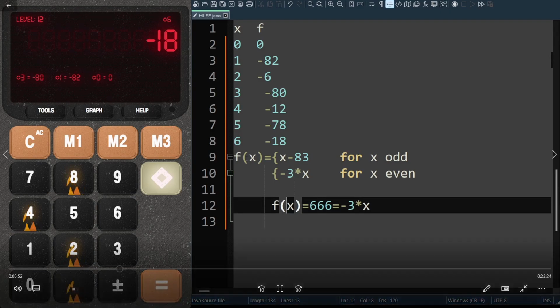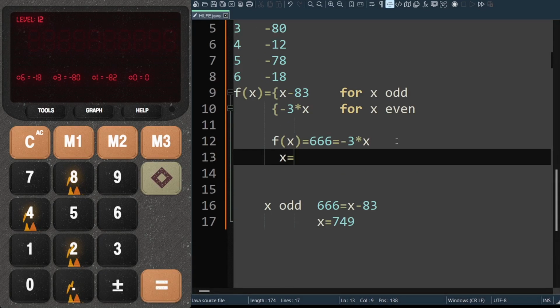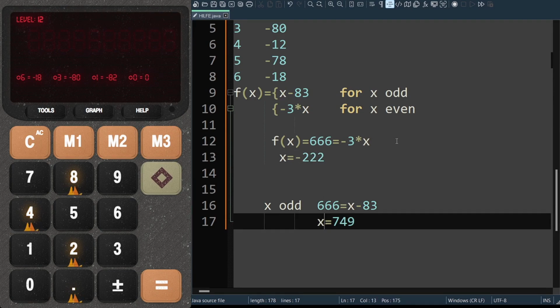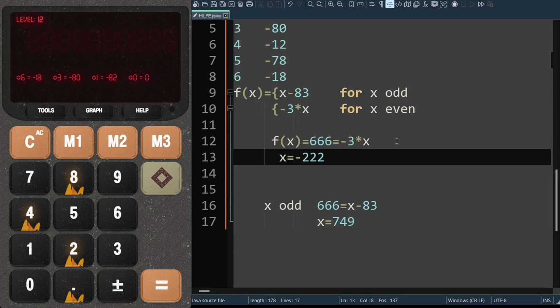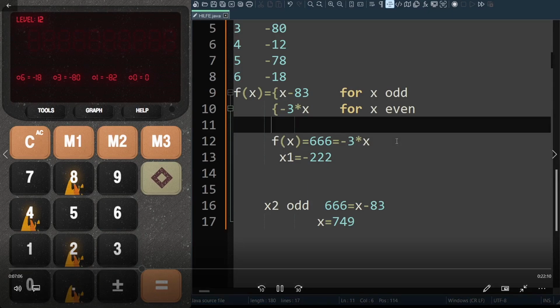What do we do now? We just try to look into the pre-images of f of x equals 666, meaning each number x which, if we input it into f, equals 666. If we assume that our input is even, then x has to solve the equation 666 equals minus 3 times x, which this upper equation satisfies.